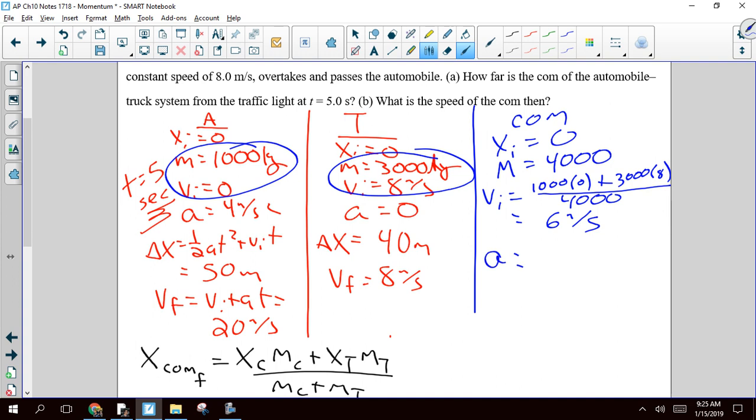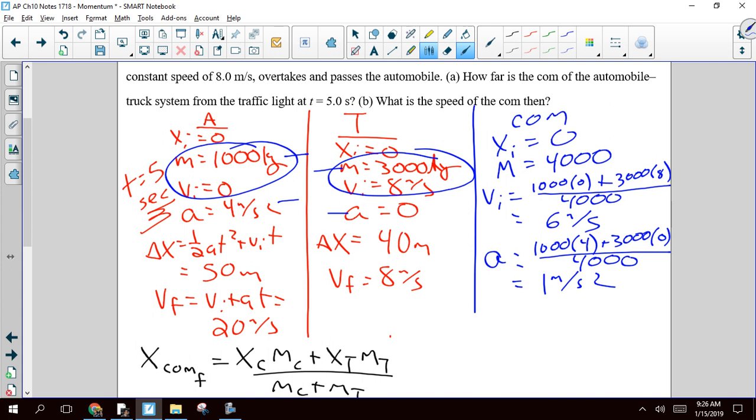So that would be mass of the car times acceleration of the car plus mass of the truck times acceleration of the truck. So you get 1,000 times 4 plus 3,000 times 0, all over 4,000, which gives you 1 meter per second squared, sorry.